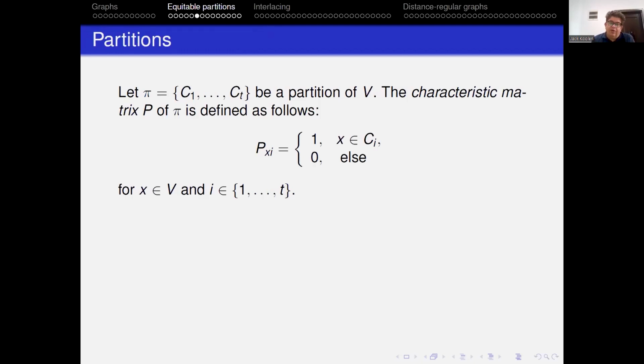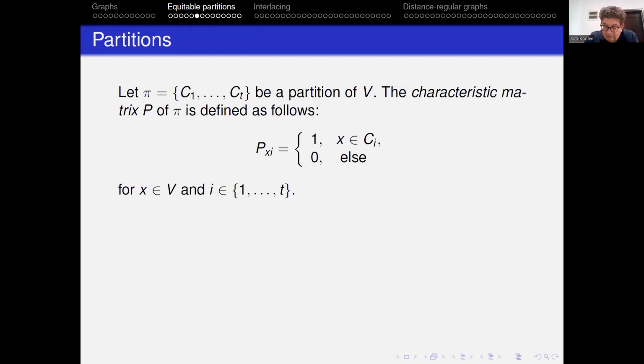So we now define the characteristic matrix of a partition. That is a V times t matrix, where V is the number of vertices and t is the number of parts, and P_xi is 1 if x lies in Ci and otherwise is 0.